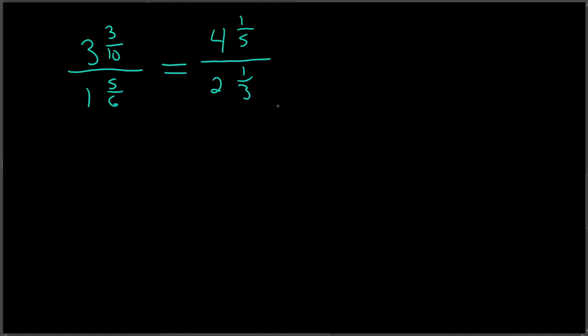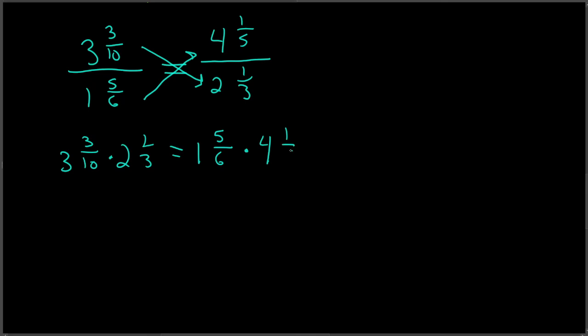Well, this is hurting my head. Loads of fractions, loads of mixed numbers, but we're going to use the cross product. So we'll do 3 and 3/10 times 2 and 1/3 on the one side, and on the other side we'll do 1 and 5/6 times 4 and 1/5.